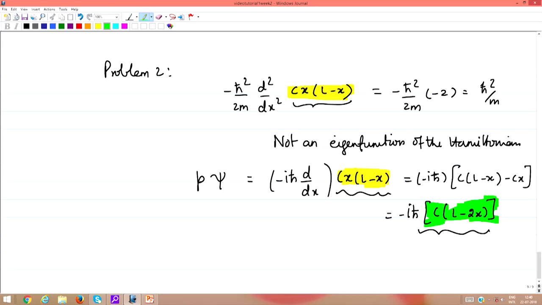Therefore, the function given in this problem is not an eigenfunction of the momentum operator as well as the energy operator. Why do we have to worry about it? If an arbitrary function is given, and we do not know the eigenfunctions of a Hamiltonian, why should we worry about an arbitrary function? Because that is quantum mechanics.